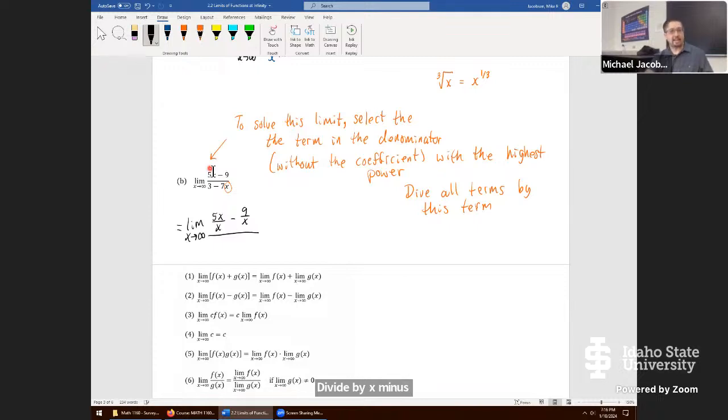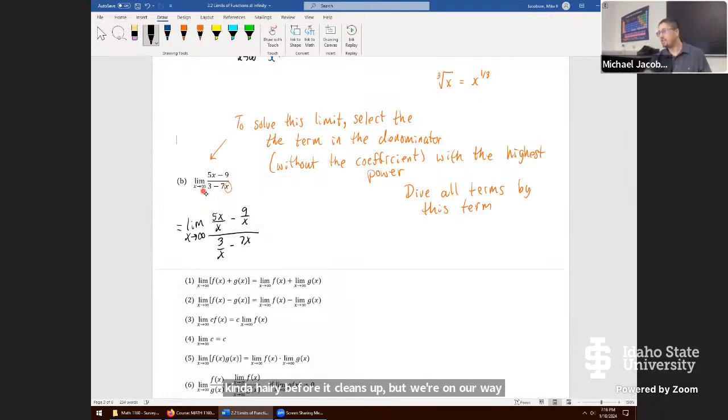It's looking ugly. It gets kind of hairy before it cleans up, but we're on our way. Here, divide by x as well. So it's 3 over x minus 7x over x. Now, if you did this simplification in your head and just gave me 5 minus 9 over x, that's completely fine. I had a few extra steps in the actual notes, just for a paper trail, so you'll know how I got to this step.